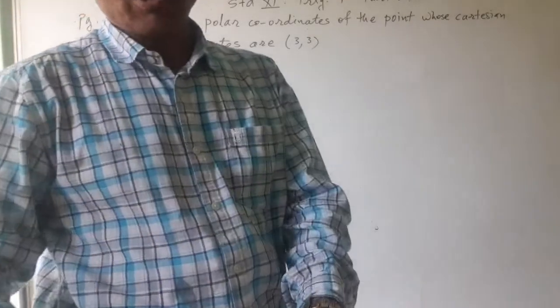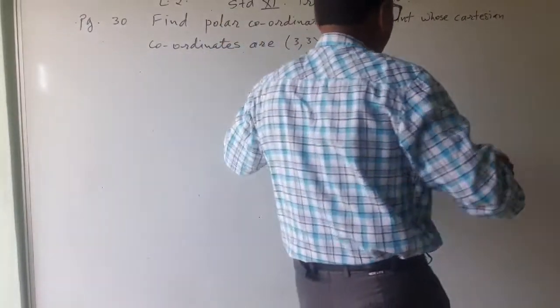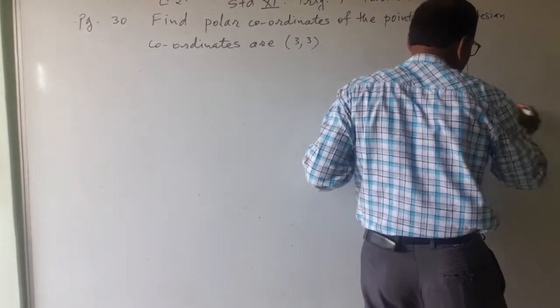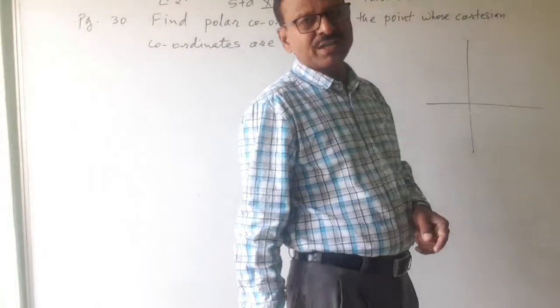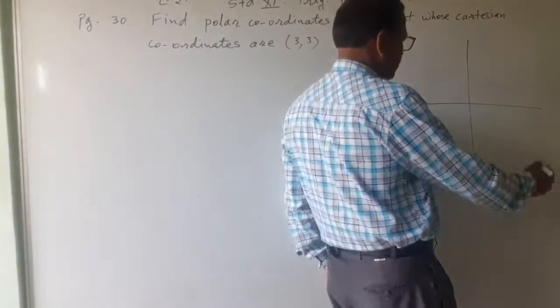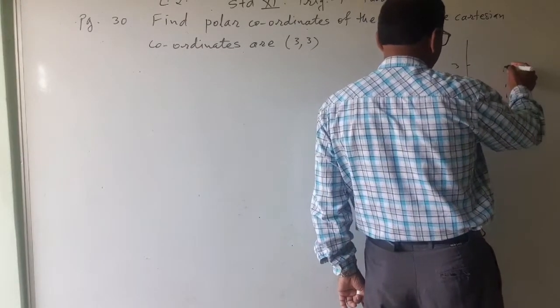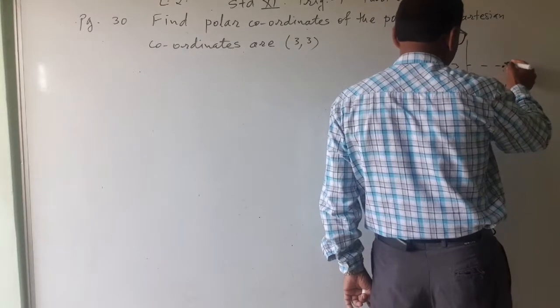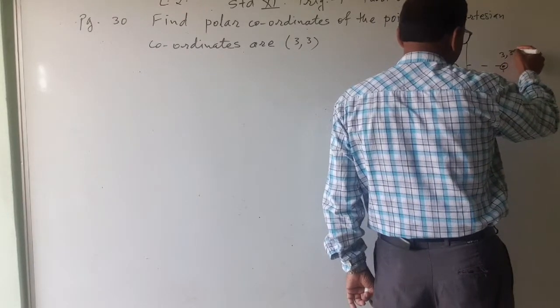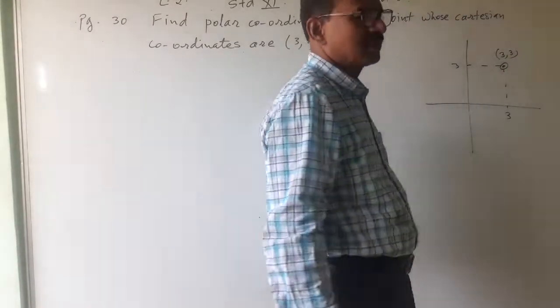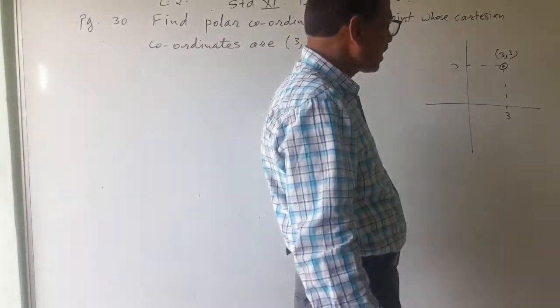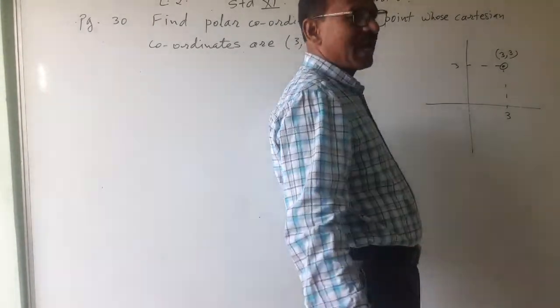What is this polar coordinate? Suppose I want to establish this point in the Cartesian coordinates. Cartesian coordinates means x and y coordinates. This is suppose 3 and here it is 3, so my point will be like this. So 3, 3 is the Cartesian coordinates. How can I locate this by the angle also?